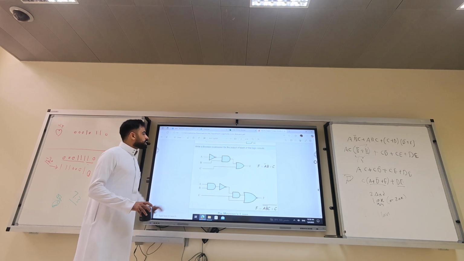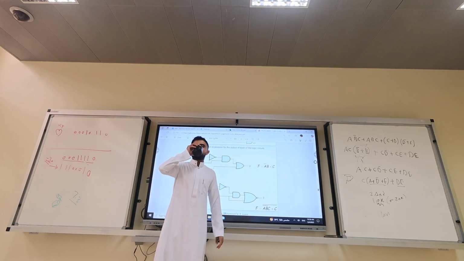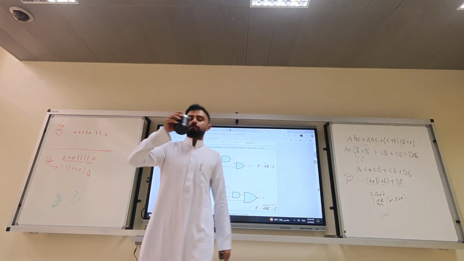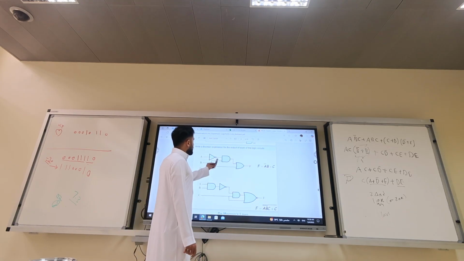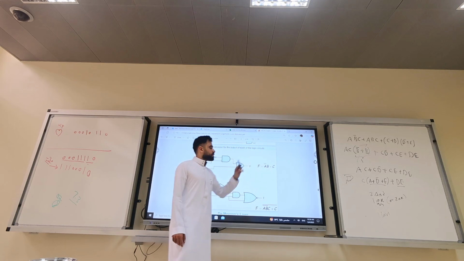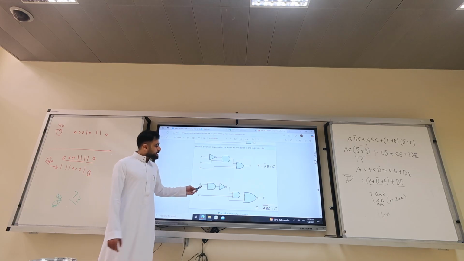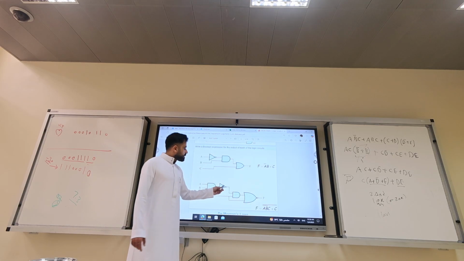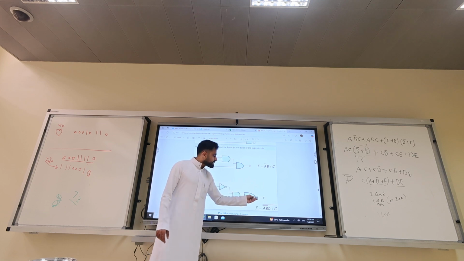Okay, sometimes we give you the circuit, and we want you to find the output. For example, A prime ANDed with B ORed with C. This is easier to do. The other example is A and B ANDed, there is a big prime, ANDed with C, ORed with C, everything is inverted.